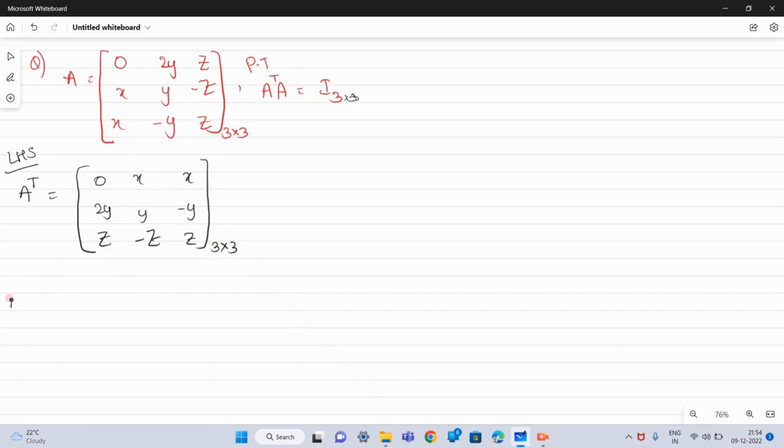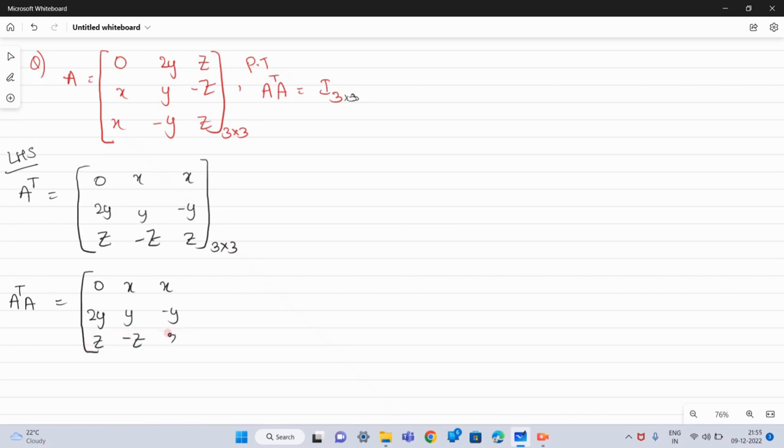Now multiply A transpose with A. Is matrix multiplication possible? Yes, because the number of rows and number of columns are the same.